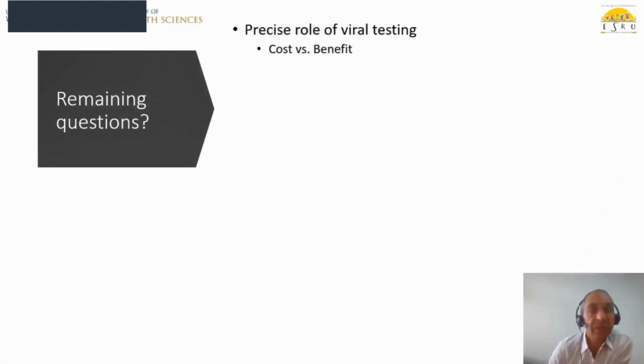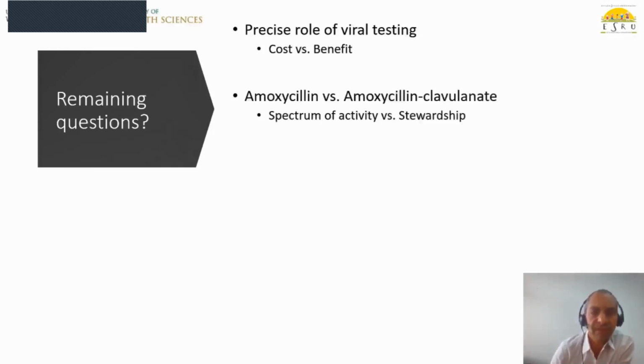What is the precise role of viral testing? I have touched on this a little bit earlier, and does the cost justify, in my view, relatively small benefits? As I've said, in my mind, this is not a particularly useful investigation in the vast majority of patients.